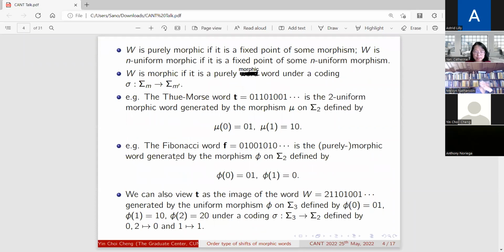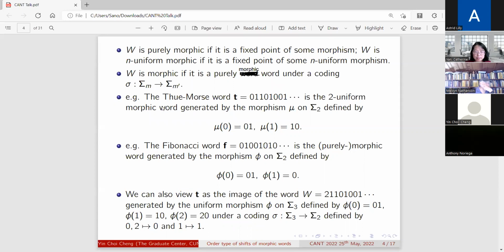Now w is said to be purely morphic if it is a fixed point of some morphism. And w is n-uniform morphic if it is a fixed point of some n-uniform morphism. And w is morphic if it is a purely morphic word under some coding sigma, going from sigma m to sigma m prime.